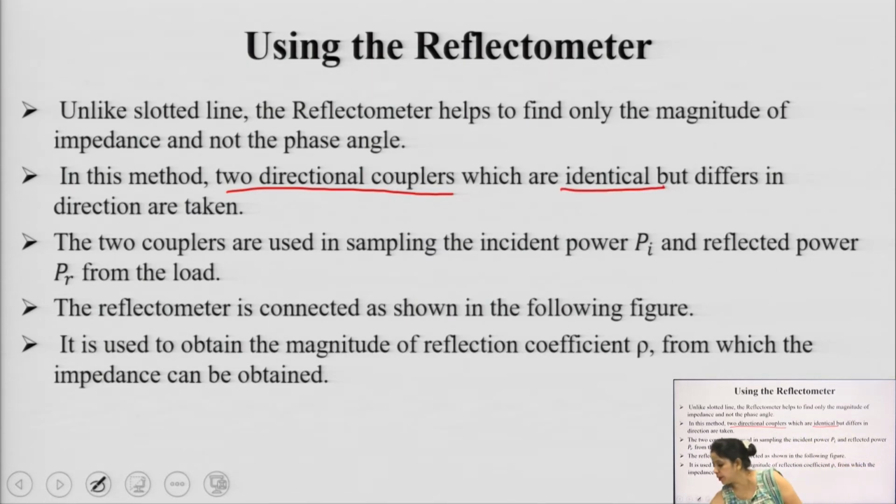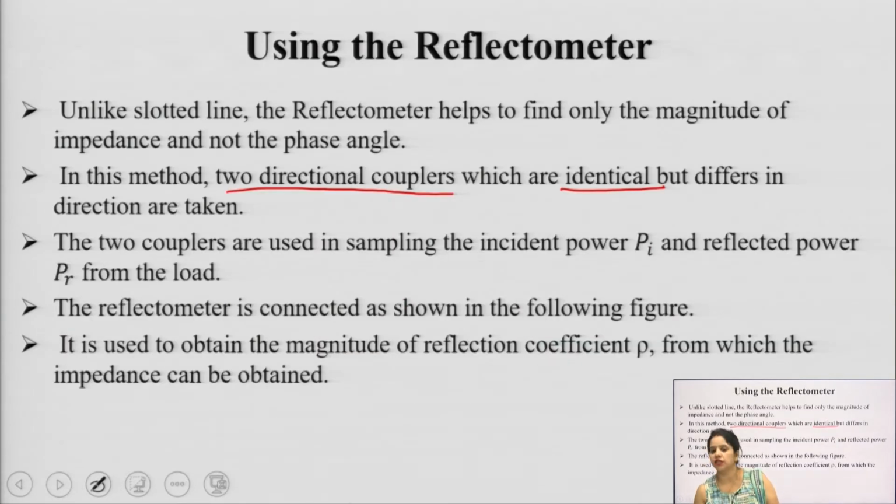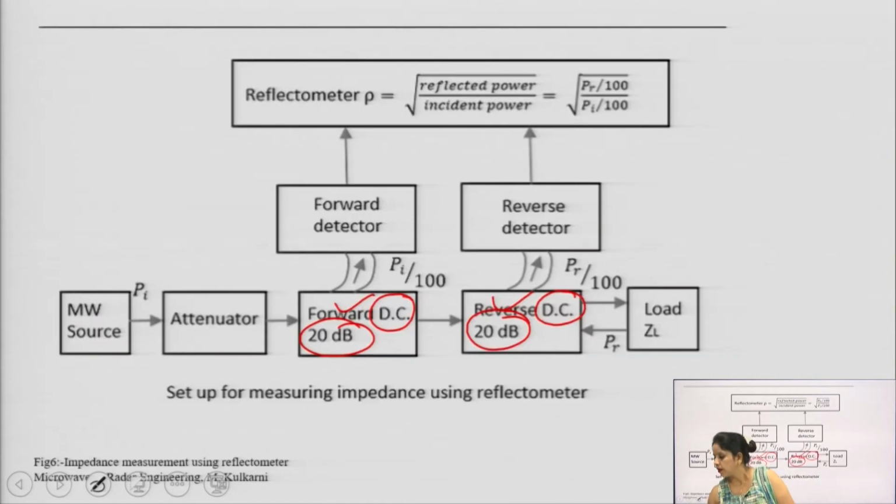If you are able to see this, we are taking two directional couplers which are identical, 20 dB and 20 dB, but this is a forward directional coupler and this is the reverse directional coupler. So, basically both the directional couplers are of 20 dB, but one is forward and the second one is reverse. The two couplers are used in sampling the incident power Pi and the reflected power Pr from the load. So, what we are going to do?